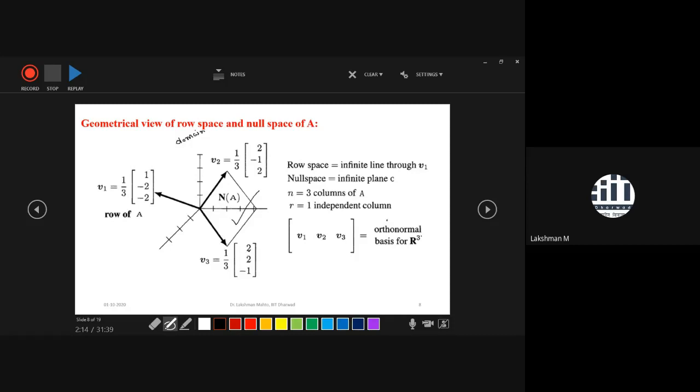One direction is with respect to (2, 2, -1), and another one is (-2, 1, 2). And the row space is a one-dimensional subspace, that means it is a line, and this one is perpendicular to this. The row space is perpendicular to the null space. Easily you can see from the graph as well.